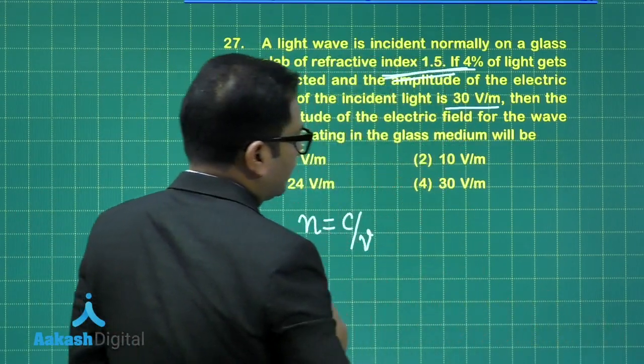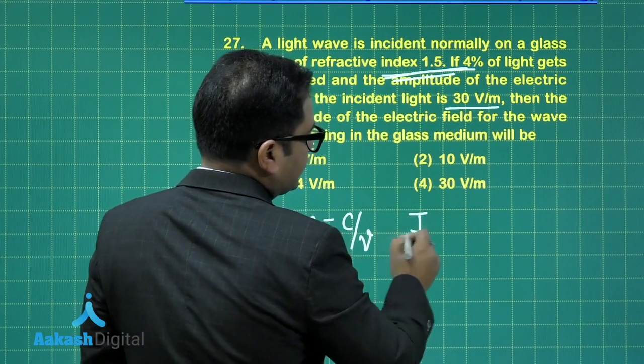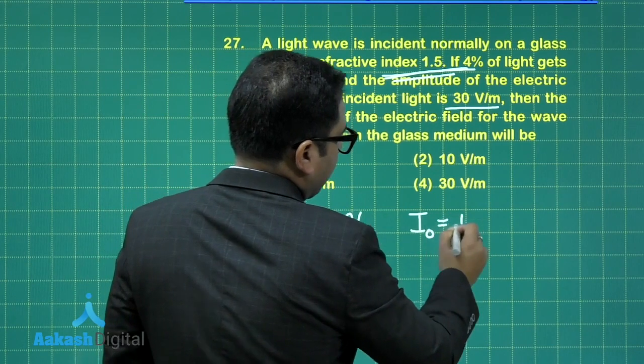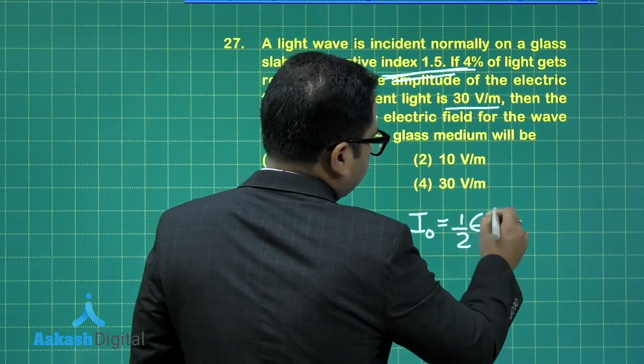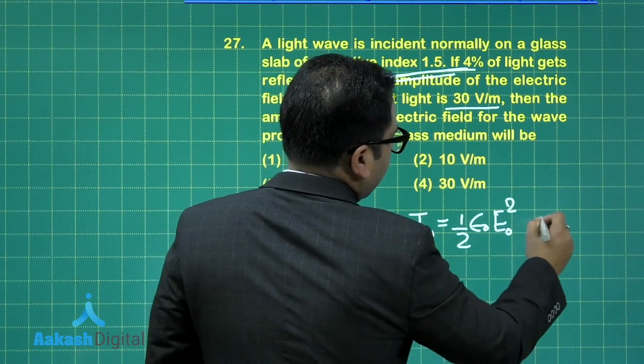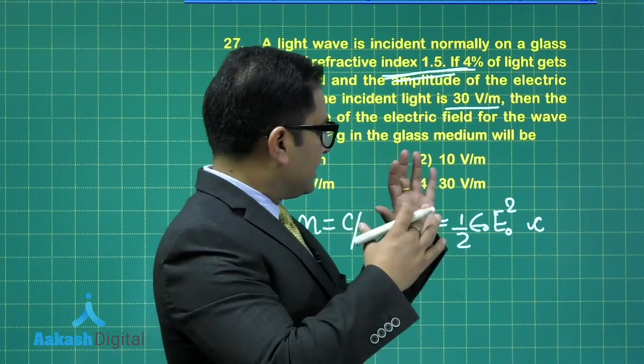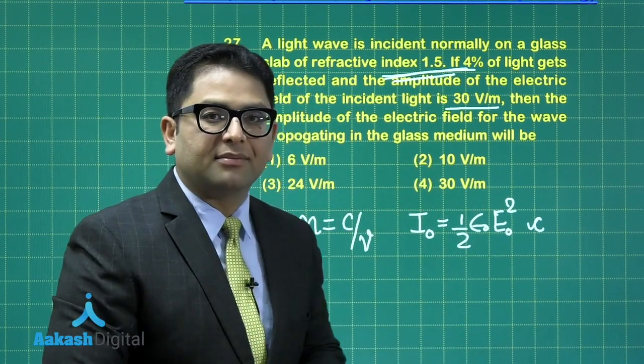So here I can write the intensity is half epsilon naught E naught square multiplied by c, where c is the speed of light in vacuum. So this is the intensity in the first medium.